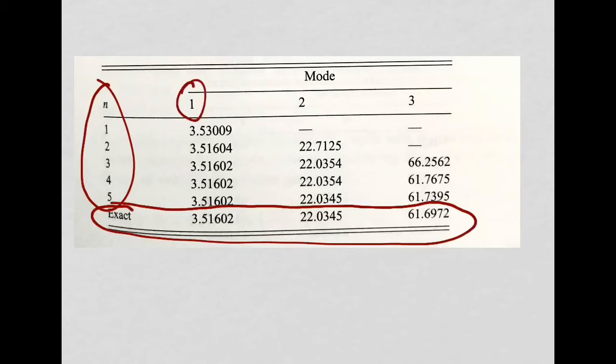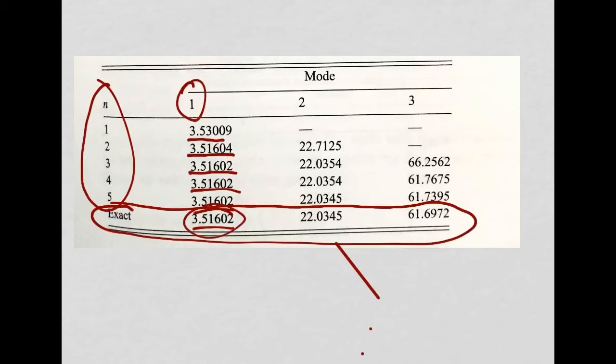For mode number 1, W1, the first natural frequency, if you use only one term, you get 3.53. With two terms, you start getting closer to the final solution. But after three terms, you converge completely to the final solution of 3.51602.